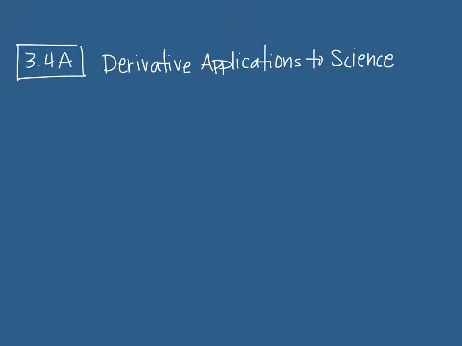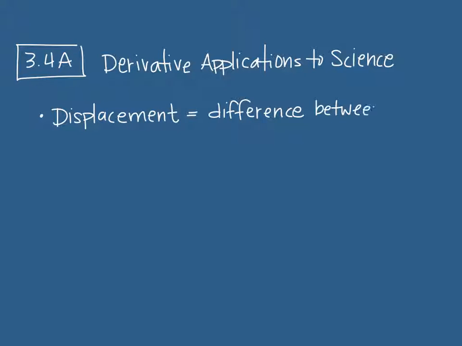All right, so we're going to start with the idea of displacement. If you've taken any physics class, you've talked about displacement before. Displacement is defined as the difference between the starting position and the final position. So the difference between initial and final positions.